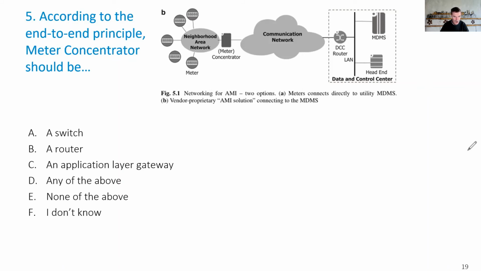So here's another question. What you often find in the smart grid is concentrators, for reasons like the quality of the power line communication is limited in distance, so you don't want to run all the way to the main center of the operation.